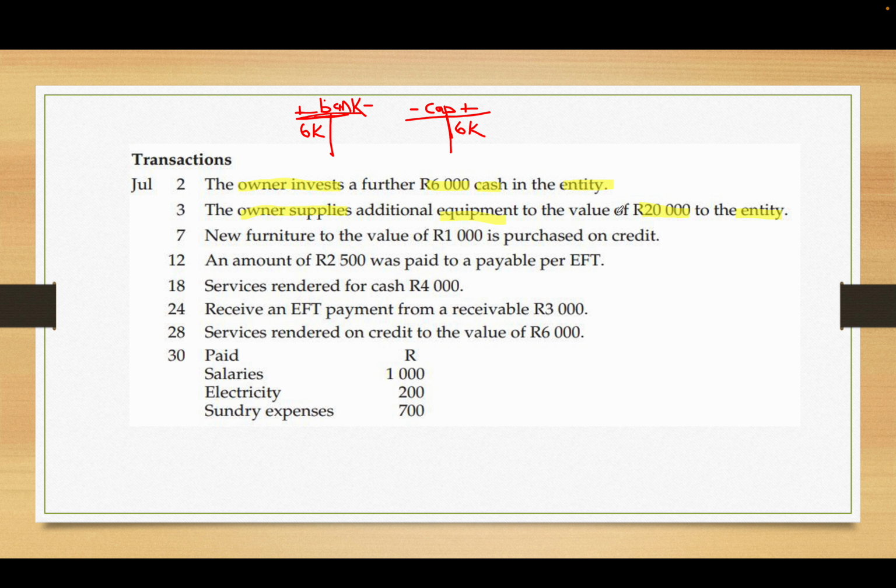So capital increases by 20k, and then you have equipment. Equipment is an asset, so it's plus minus, and it increases by 20k.